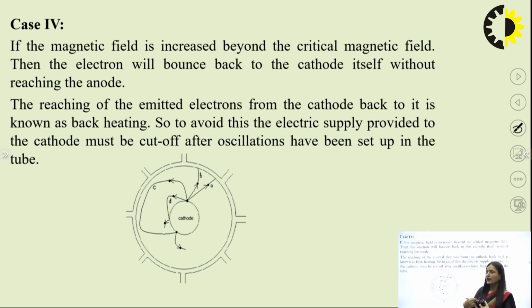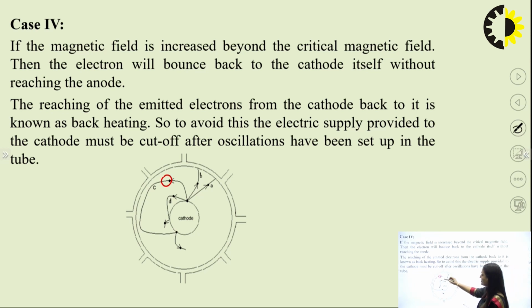If we again increase the magnetic field beyond the critical magnetic field, so the critical magnetic field is the field when electron C is grazing across its circumference, right. If we further increase the magnetic field, then the electron will bounce back to the cathode itself without reaching the anode.